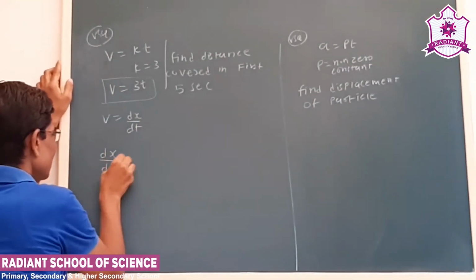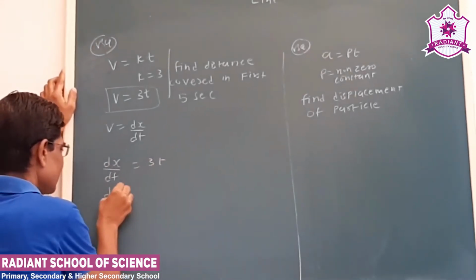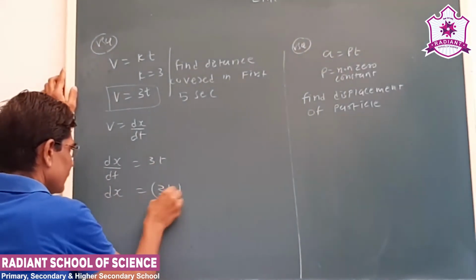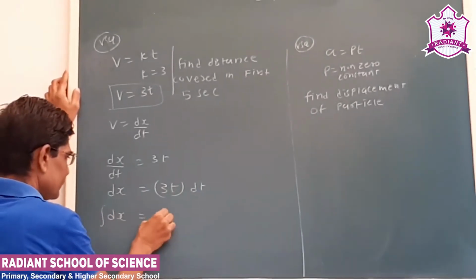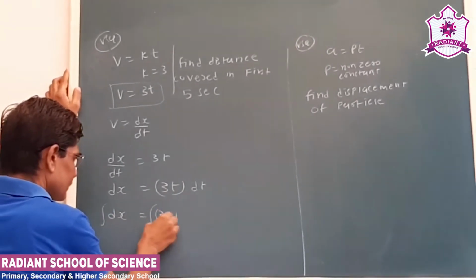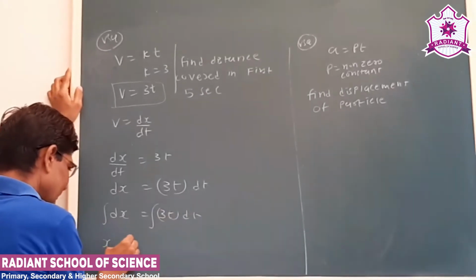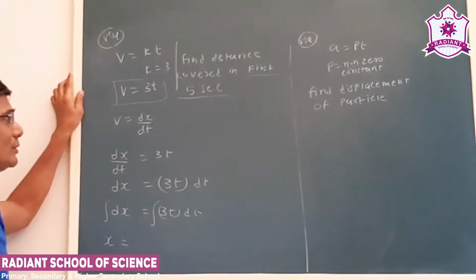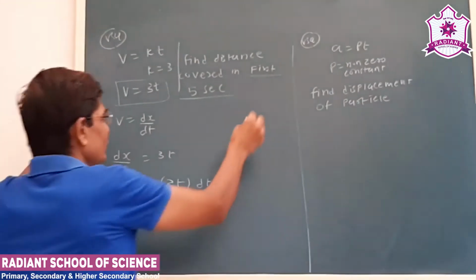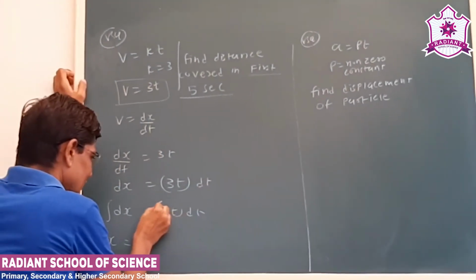So dx is 3t dt. Now if I take integration, we have to find out displacement in the first 5 seconds.